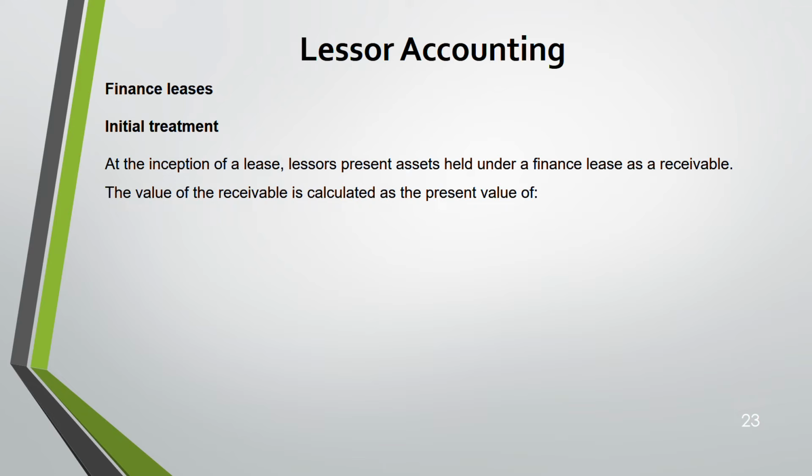Initially means the first day of the lease. You are going to transfer the asset to the lessee at the end of the lease term, but before that, it's a receivable. You will keep on receiving from the lessee in installments. So under a finance lease, you record it as a receivable.